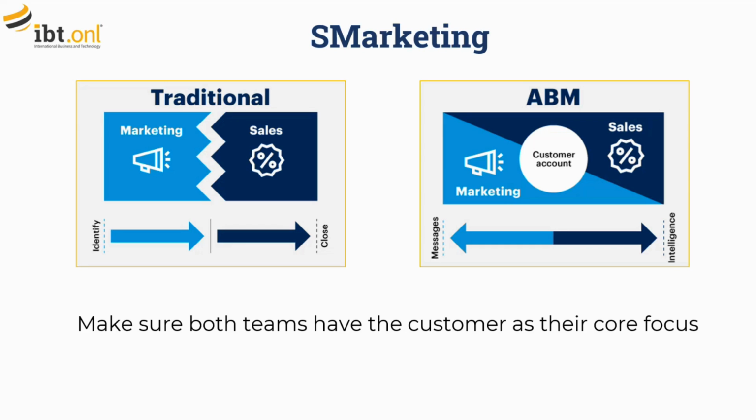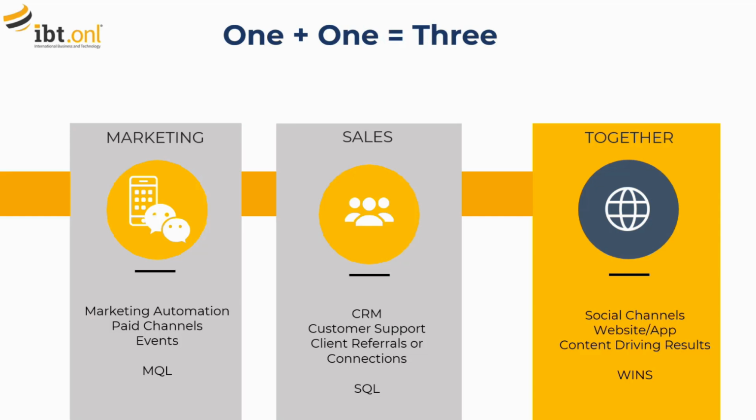Whereas what we're seeing with this marketing piece, and again, this is a very important alignment, is just to make sure that both teams really have the customer as their core focus. So from messaging to intelligence about ICPs and buyer persona, everything is connected. Everyone has a really good understanding of what is happening across the board.